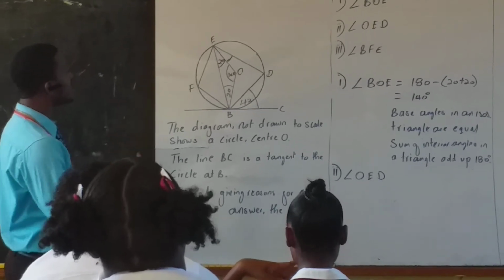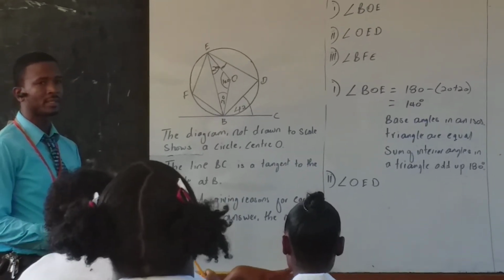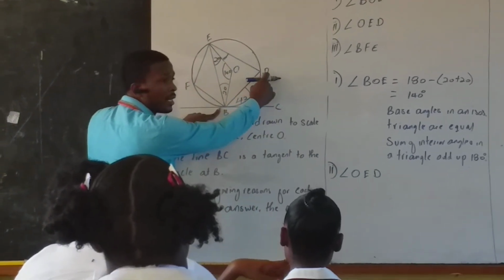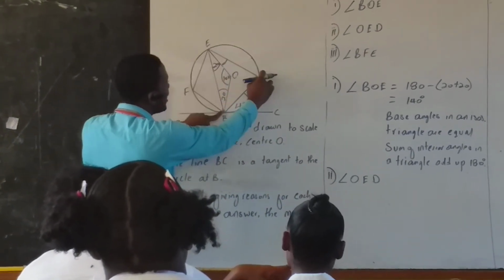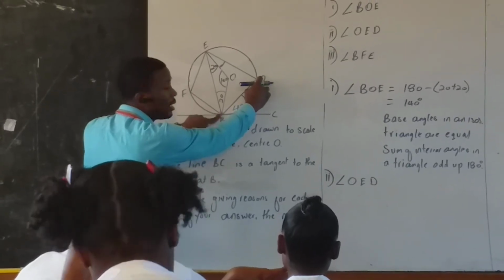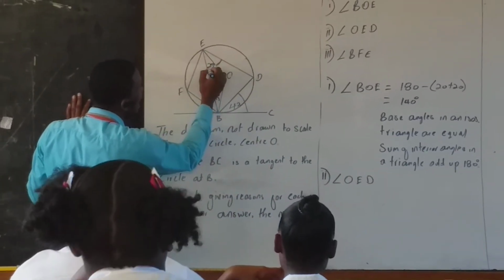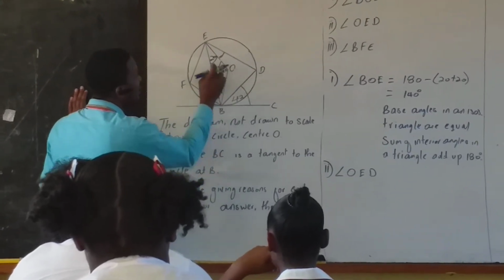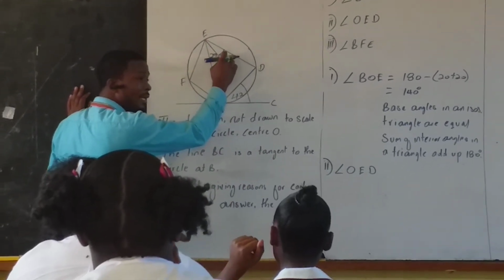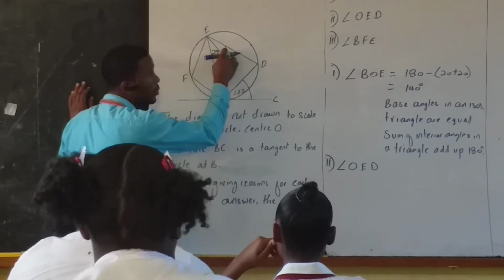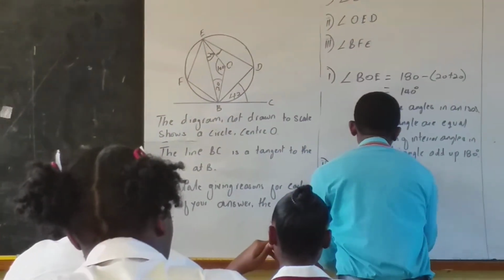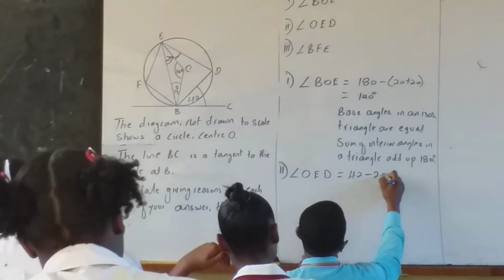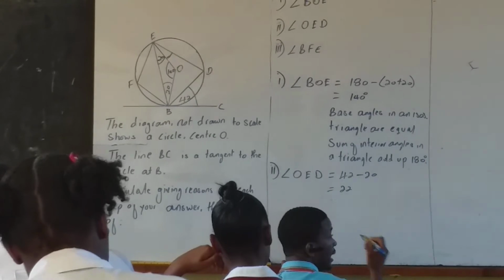How do I know which angle is in the alternate segment? We must look for the angle that sits on the chord. Do we see that this angle at E sits on the chord BD? So this entire angle at E must be equal to 42. And if this piece is 20, I can find this piece to be 22. So 42 minus 20 equals 22.